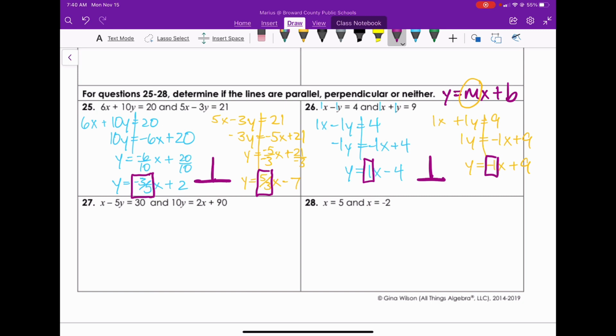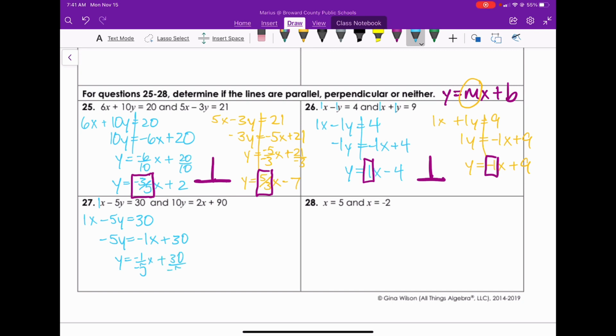Number 27, first we got to start by putting the 1 in front of the x and then solve for y. So when we do that, we're going to move the 1x to the other side by subtracting it. That's going to make negative 1x plus 30. Then we're going to divide everybody by negative 5, okay?